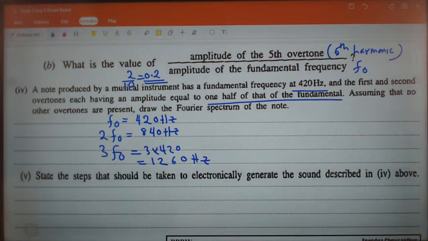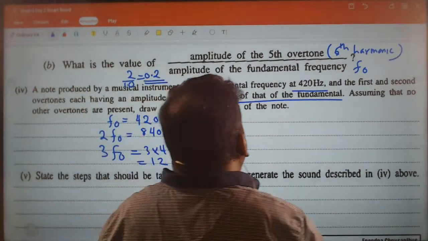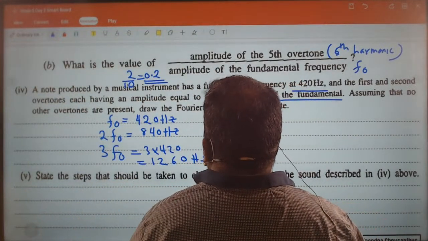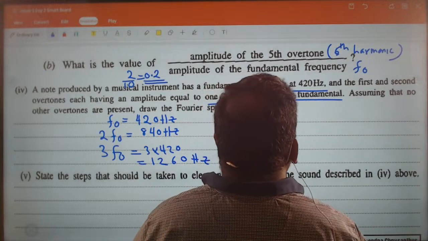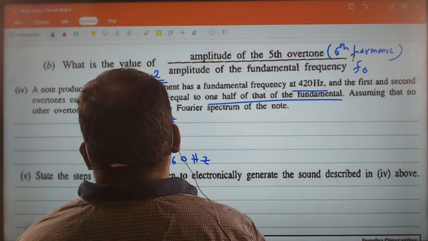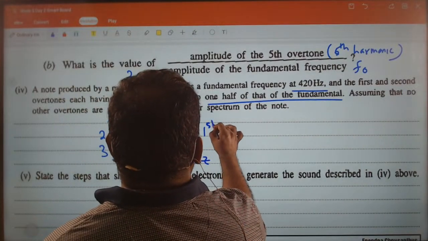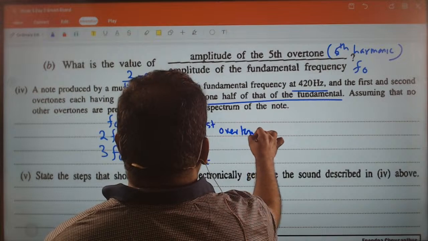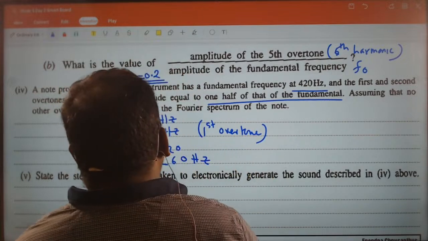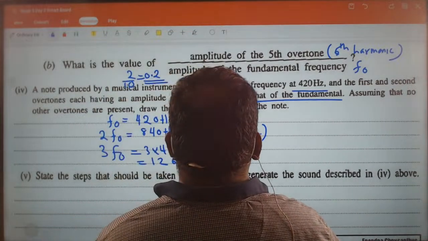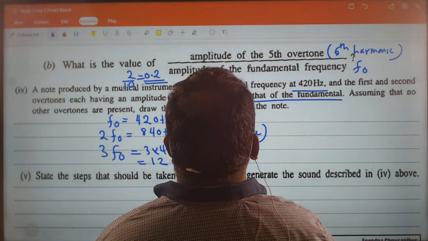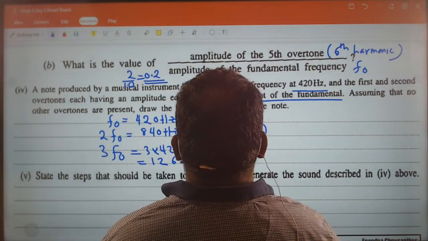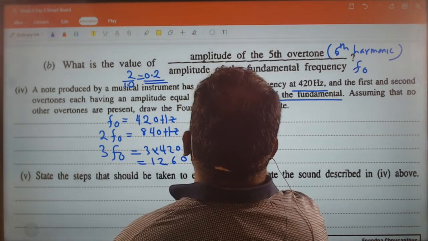Right. Carefully look at this. We have 420 hertz. They are telling us the first overtone and the second overtone present have amplitudes of 1/2 of the fundamental.